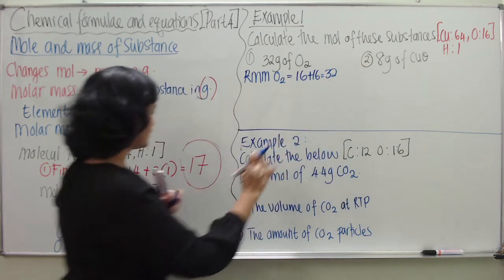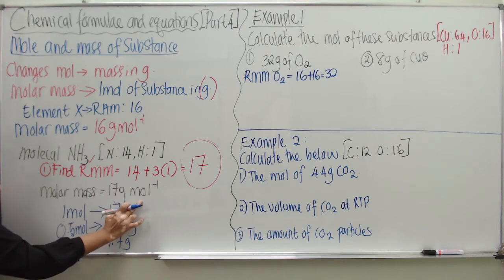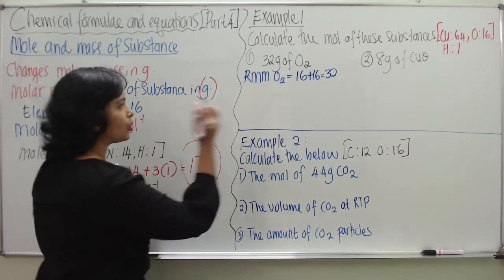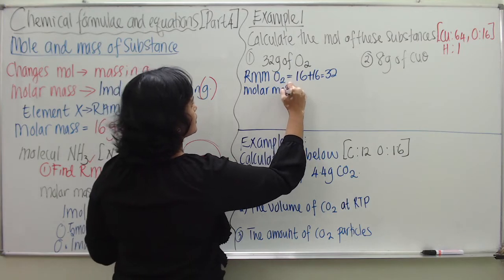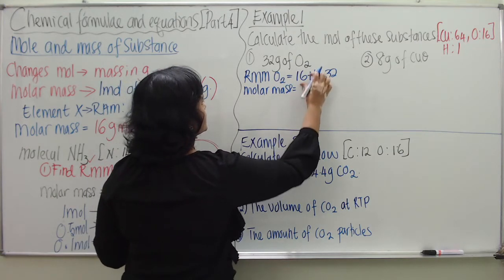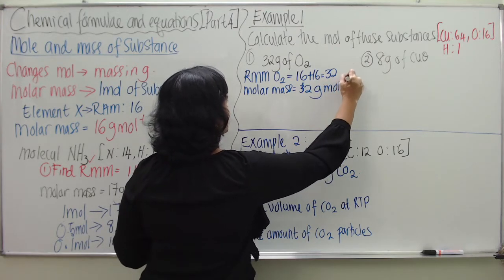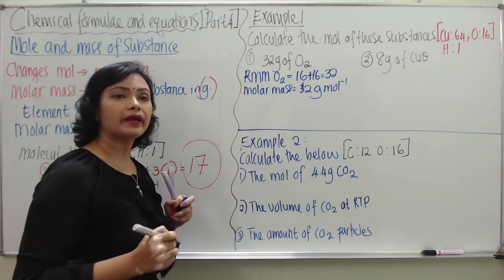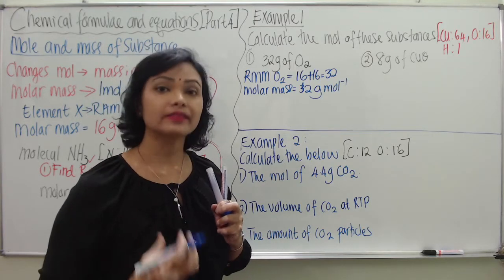Now look at this. Once you get the RMM, you convert it into molar mass. So molar mass equivalent to 32 gram per mole. And you see, thanks to molar mass, we managed to convert the mass of an atom into gram.